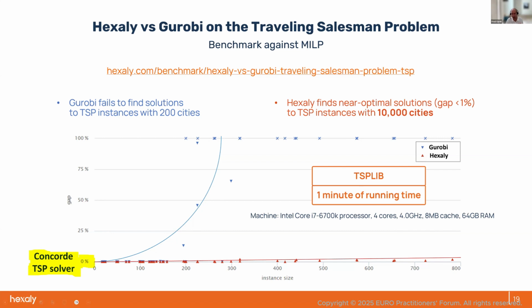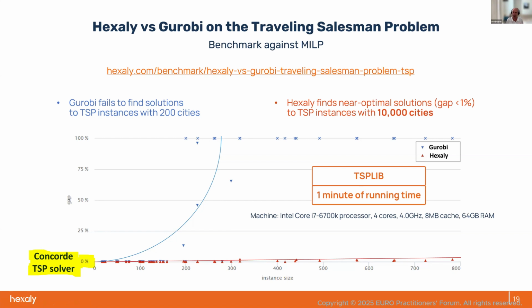Here, when it's small, you have optimal solutions found. You have a number of optimal solutions found here, but it scales. It scales like Concorde, because we have these technicalities that are embedded inside Concorde. We have them inside Hexaly. So there is no magic, there are no quantum things or GPU things or magic algorithms.